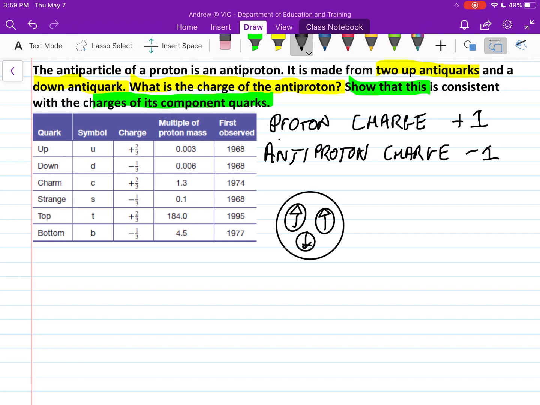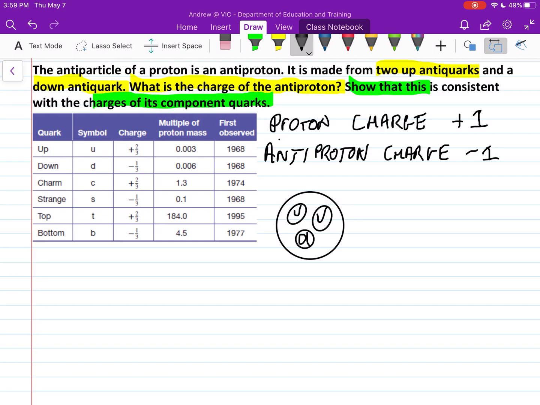I'll use the symbols there. So we've got 3: two ups and a down. Okay, so we just need to put together these charges.